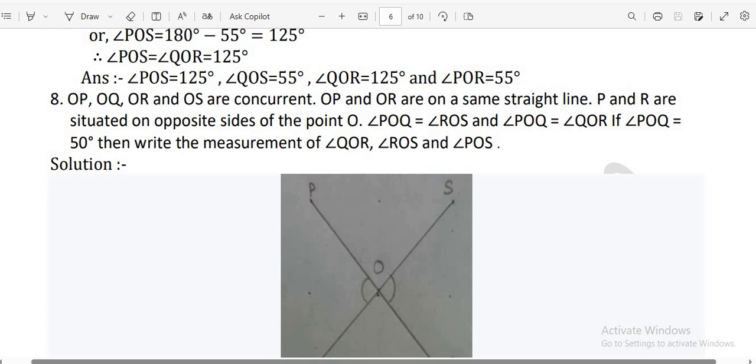P and R are situated on opposite sides of the point O. Angle POQ is equal to angle ROS, and angle POS is equal to angle QOR. If angle POQ is equal to 50 degrees, then write the measures of angle QOR, ROS and POS.